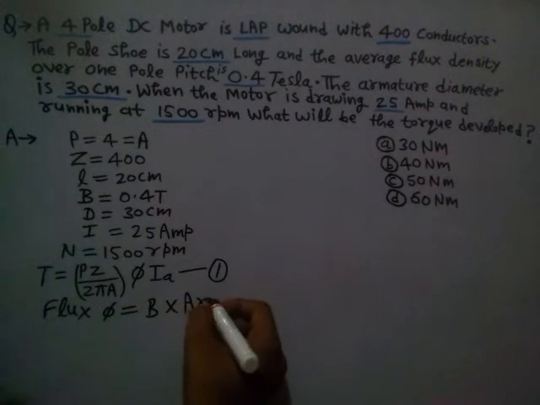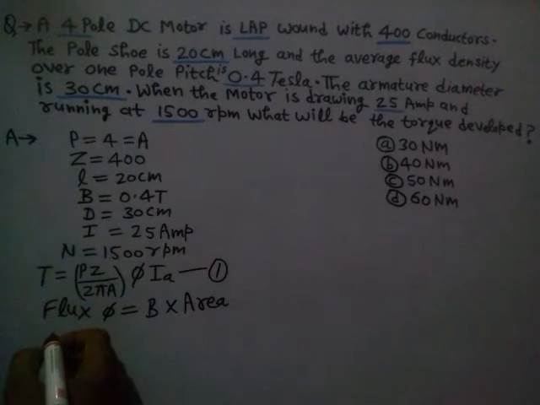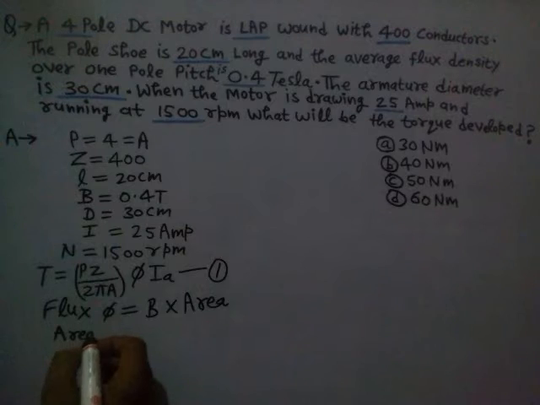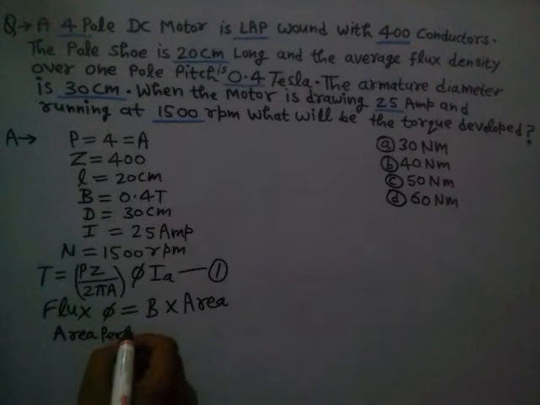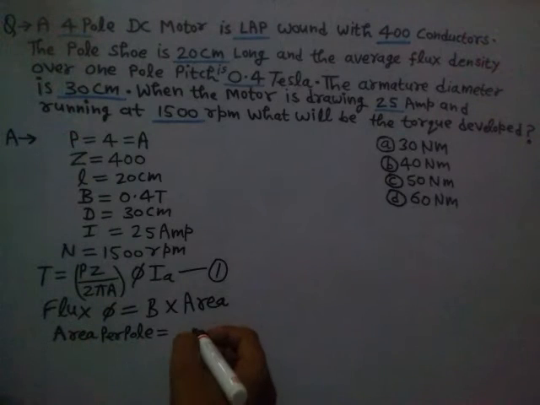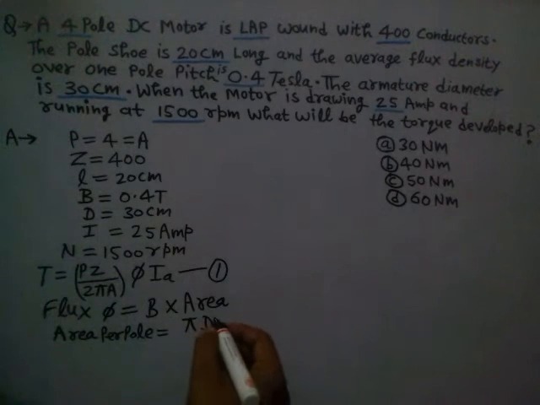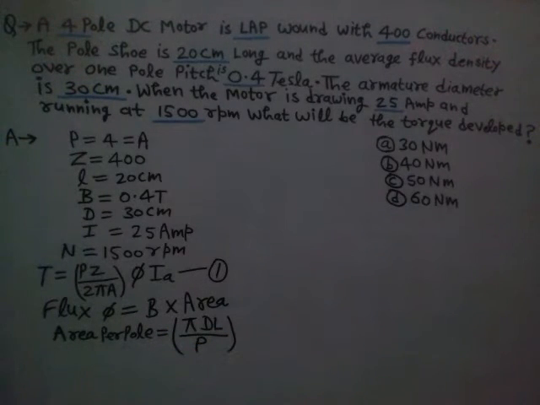Area. So now area per pole is equal to pi dl by P. So for whole periphery of armature, that is pi d, P number of poles are accommodated.